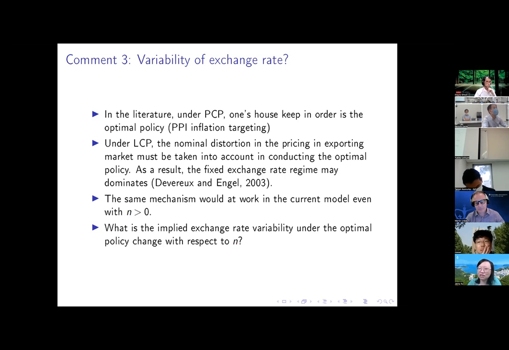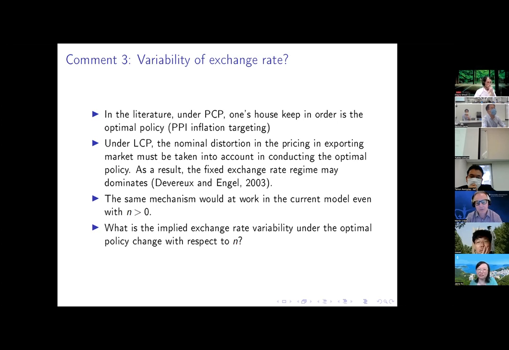Instead, even in the standard literature without heterogeneity, CPI targeting is shown in the Engel 2011 AER paper. There we don't have the variability of the exchange rate, but instead we have this DT, the deviation from the law of one price. That is the difference between the home goods sold at home and the home goods sold in foreign.